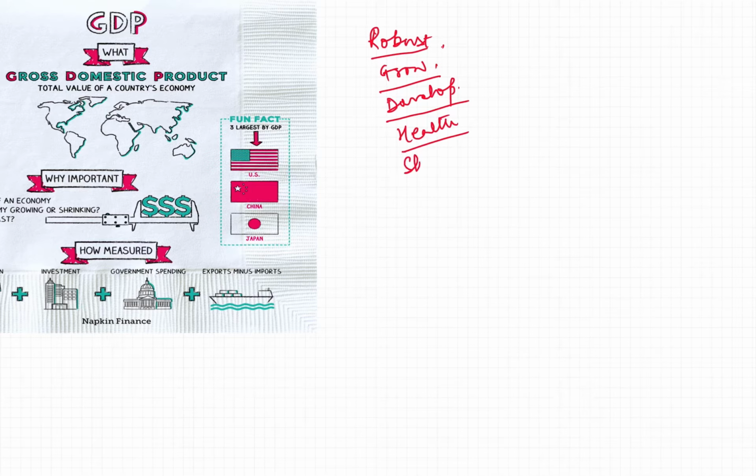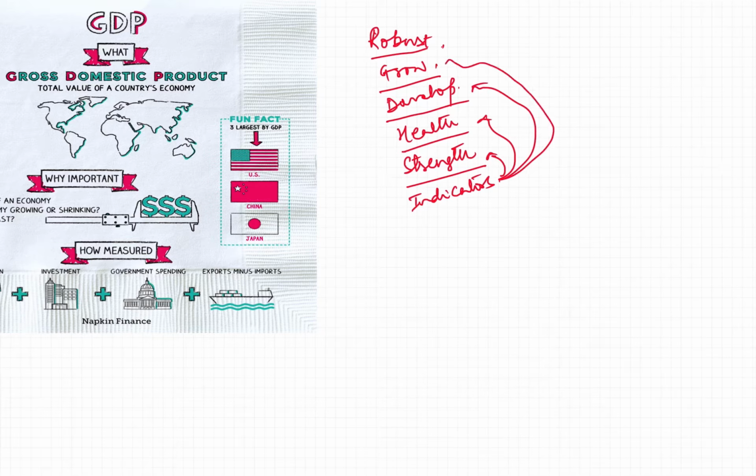What factors make the strength of the economy, or what factors determine, you can call it, the indicators: indicators determining strength, health, development, growth, robustness.